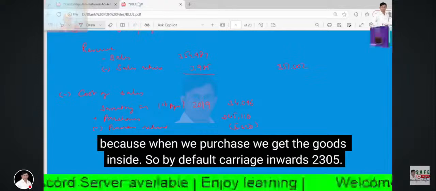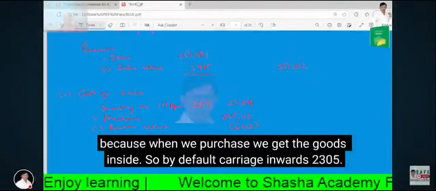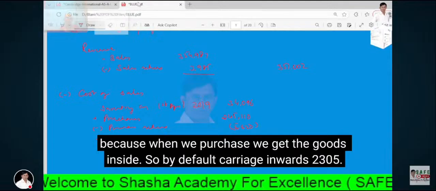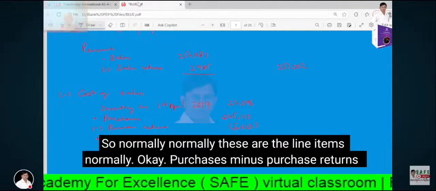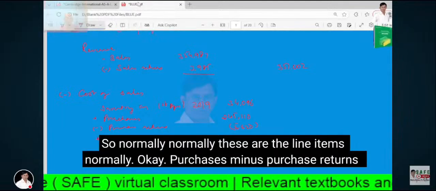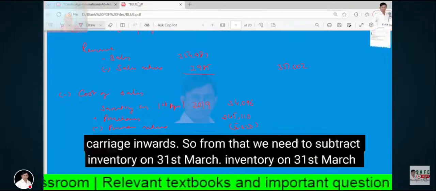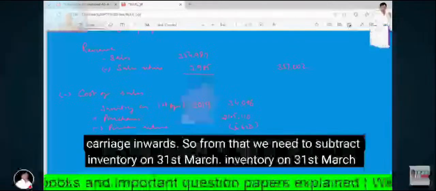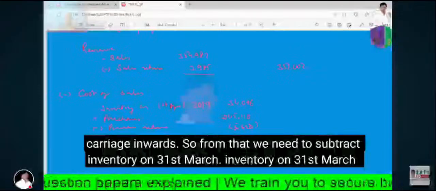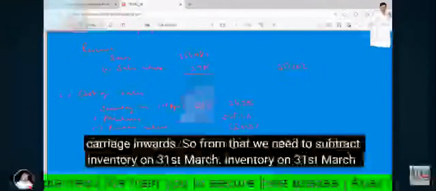So we have finished, we have taken these line items normally. We have taken so many line items: purchases, purchase returns, carriage, fixed assets, inventory, and current assets.